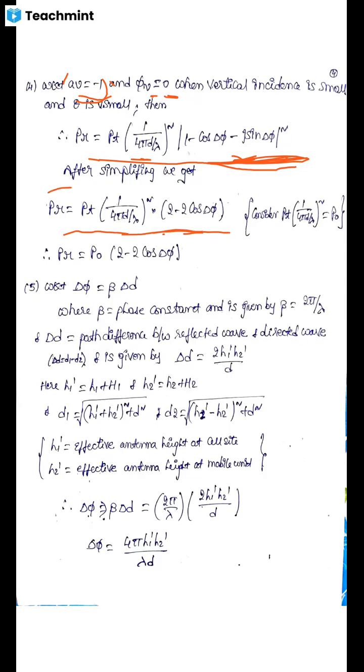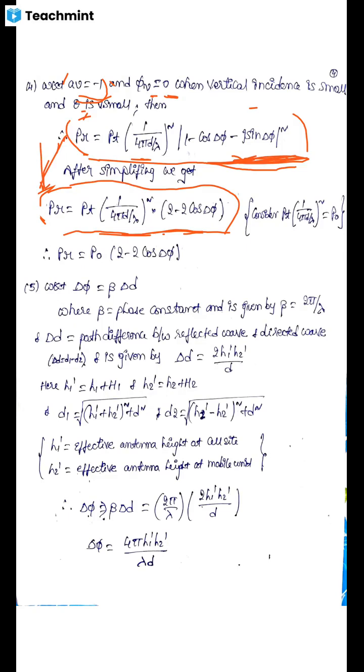This expression, if you observe the two-ray model, or the topic we had discussed on phase difference between direct path and ground reflected path, there the calculations for this complete equation we had written. So I am writing the direct expression for this PR value.